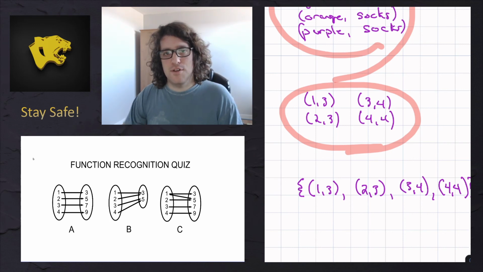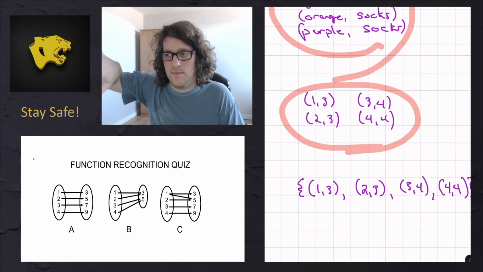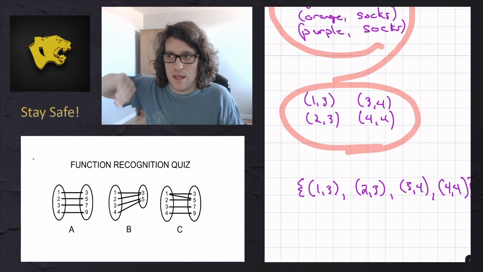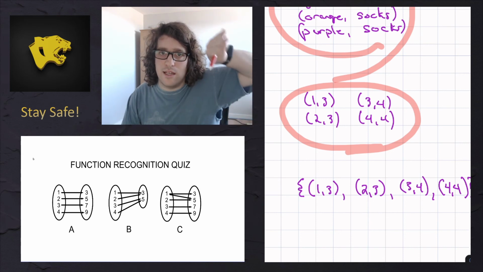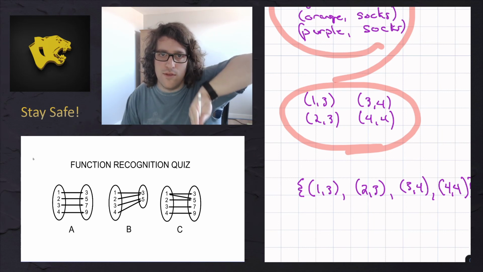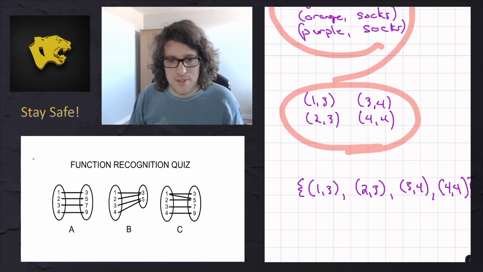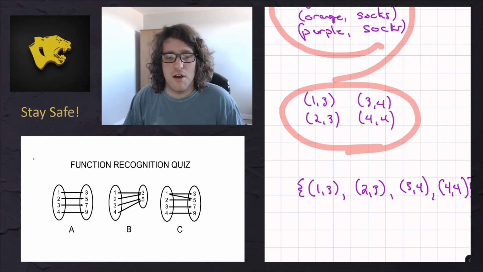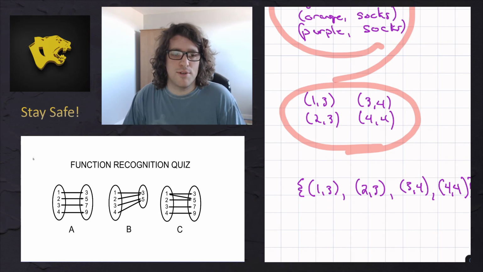So first thing you have to do is say domain, range. And everything that's in the domain is relating to exactly one element in the range. So what I want you to do is take a look at these three examples and maybe pause, or if you're really fast, pick to yourself which of these three represent functions.